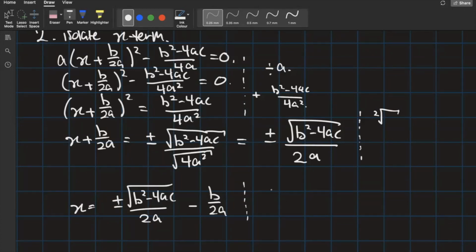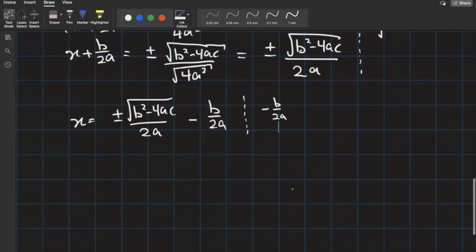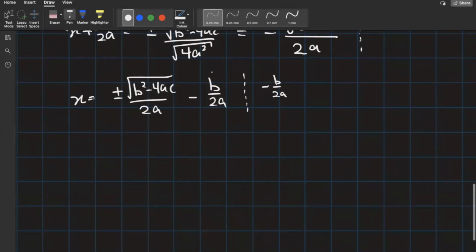And the step that we've done here is subtract b on 2a. And now it's just a matter of moving this term to the left-hand side of the equation. So we see something which we're more used to.